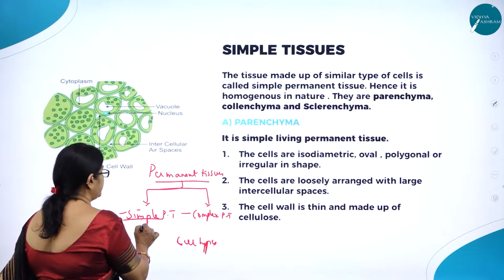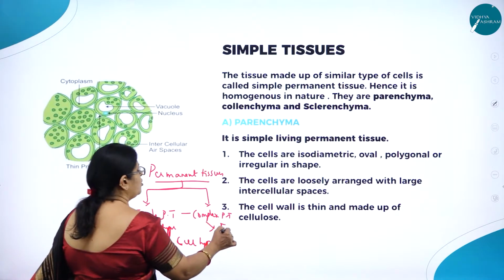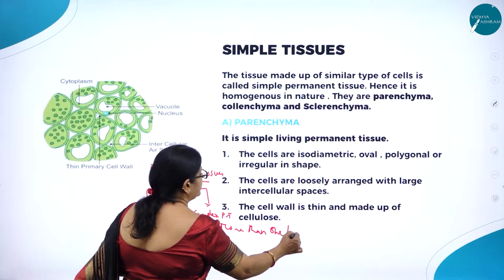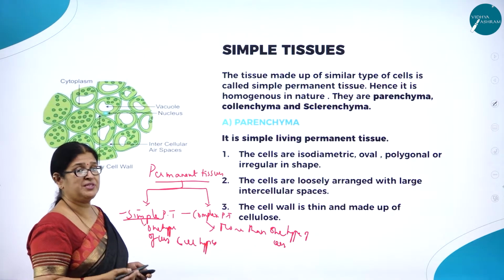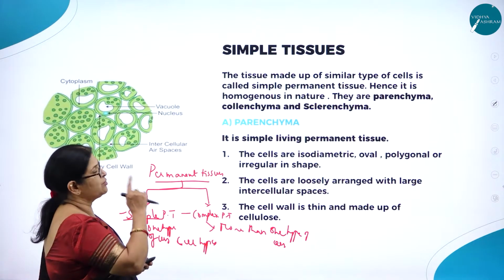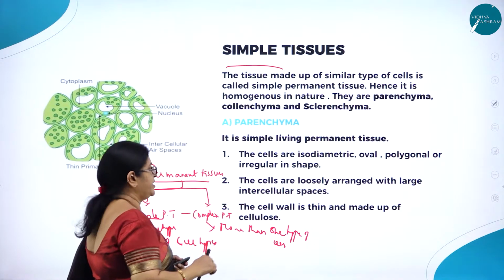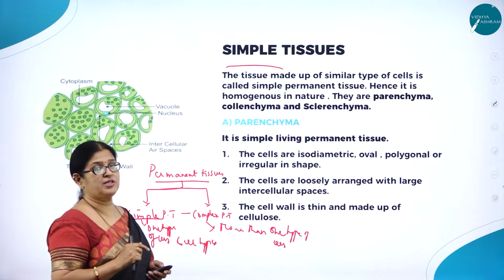So in simple permanent tissue, there is only one type of cells. In complex, there is more than one type of cells. Hence the name complex. Simple means only one type of cells. So in today's session, we'll be studying about the simple tissues. How do we define simple tissues?